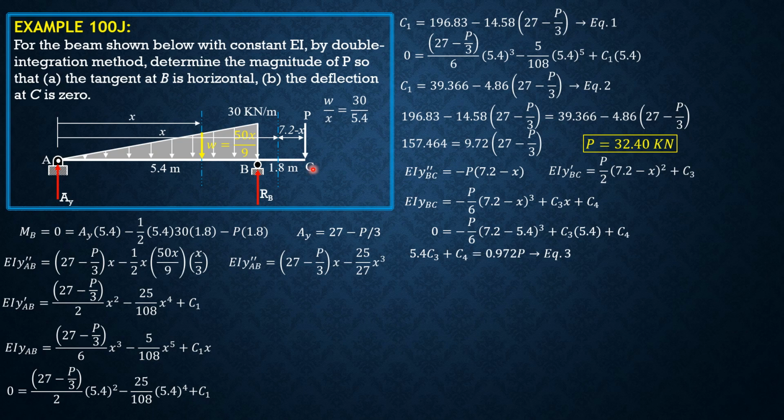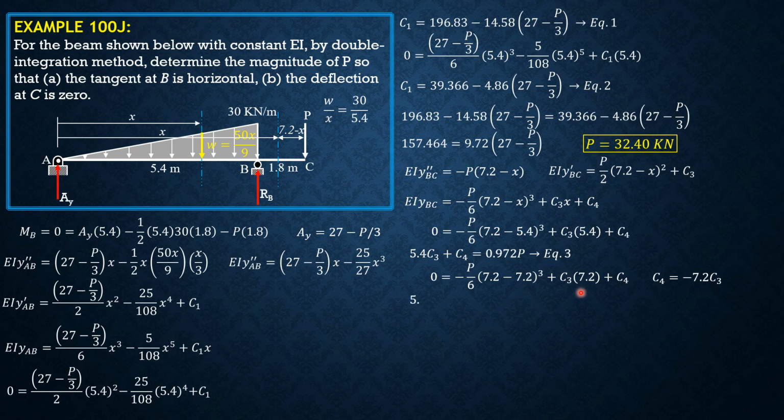Then x is 7.2, yC is 0, the condition in the problem. So the first term would be 0, then c sub 3 times 7.2 plus c sub 4. Because this is 0, c sub 4 is negative 7.2 of c sub 3.